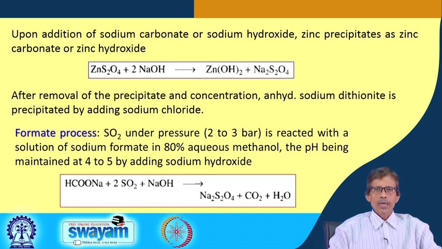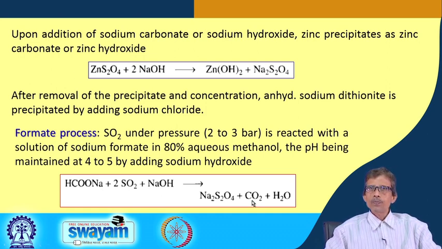But in this case the byproducts of the reaction are CO2 and H2O. So, the reaction is a very straight-cut one, that is why you have the advantage of using formate anions over zinc dust: you are producing water and carbon dioxide.